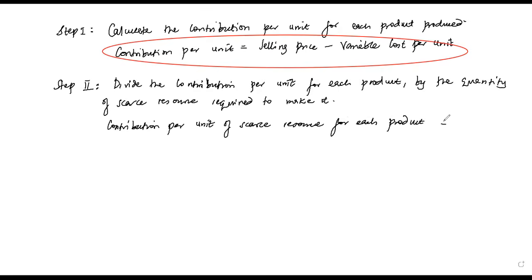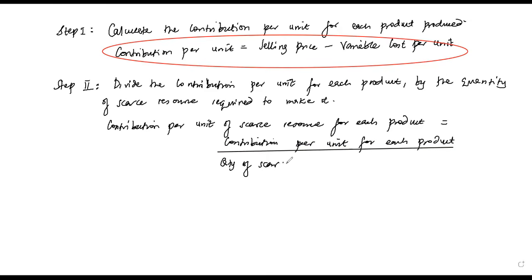And I've told you that this equals the contribution per unit for each product, divided by the quantity of the scarce resource required to make it. That will be our step two.